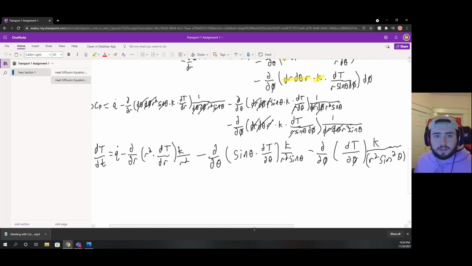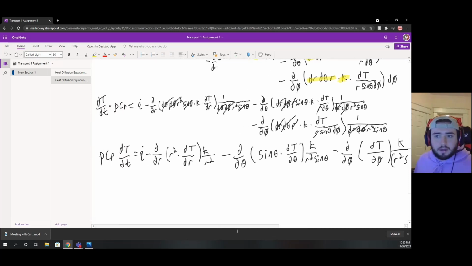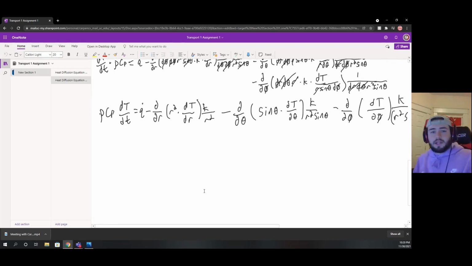I'll let you see the whole thing. But now we can divide by our k, our thermal conductivity, and replace it with the inverse of our thermal diffusivity constant. So let's do that real quick.